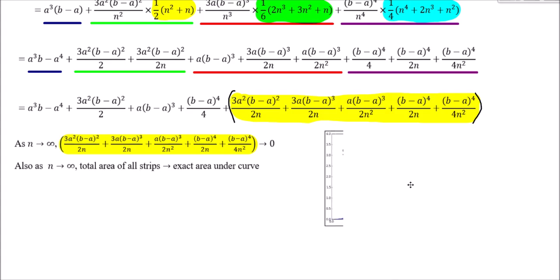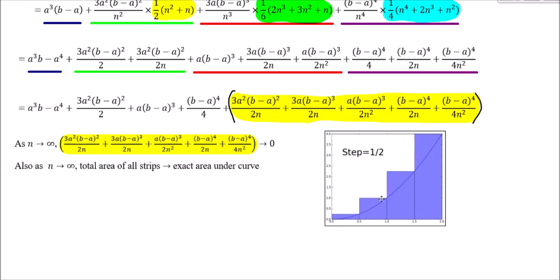So if you picture this illustration here of y equals x cubed, and imagine it going from 2 to 4 to 8 to 16 to 32 and so on strips, you can actually visually see the error, the bit of the bar which is over the line. The proportion of the bars over the curve tends to 0. And as you can see, as the bars become more and more numerous, the approximation becomes more or less perfect.